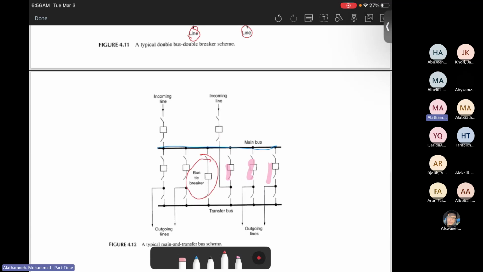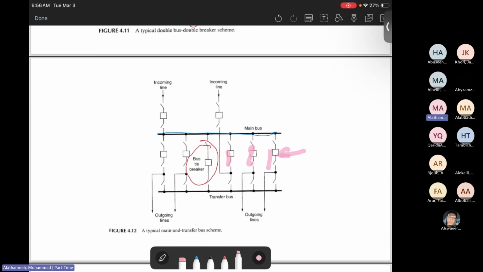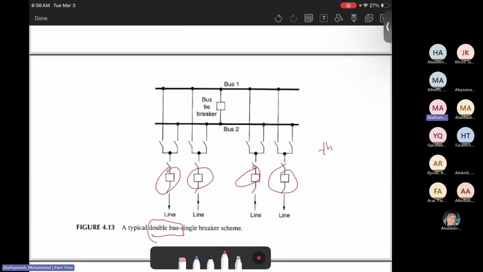The difference between this one and the previous one is that here the circuit breaker is between the buses, while here the breaker is outside the buses. So this one is cheaper because we are using only a single breaker, double bus bar. But if there's something wrong with bus one, bus two will work and vice versa. But it's not as reliable as the double bus double breaker.